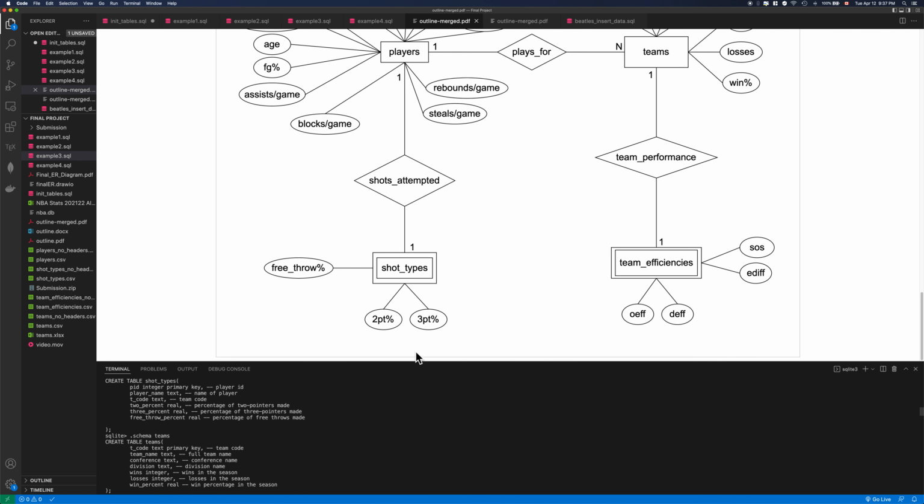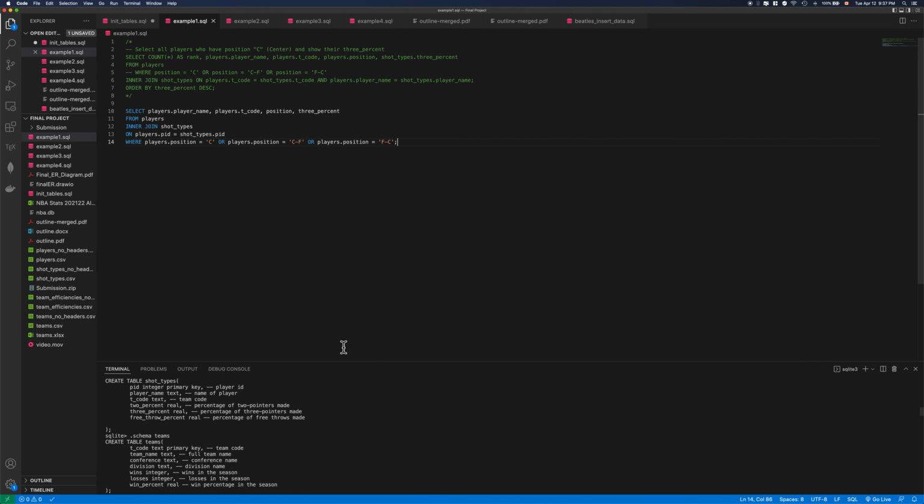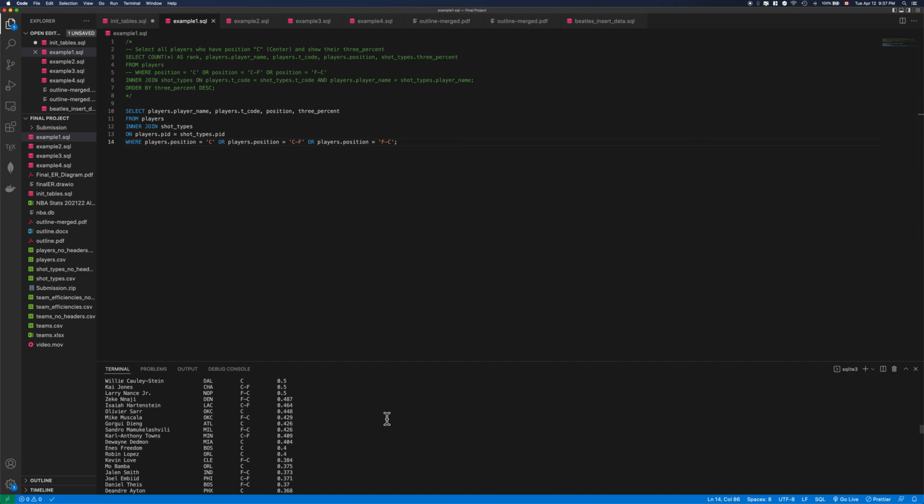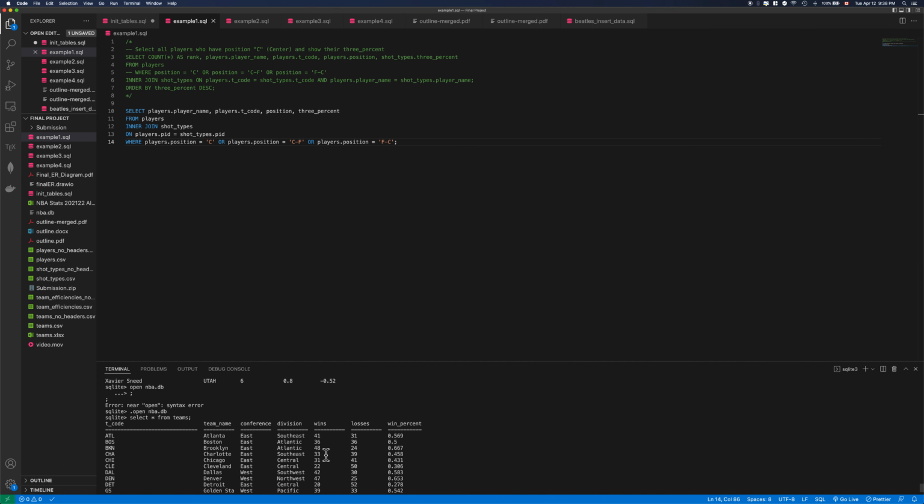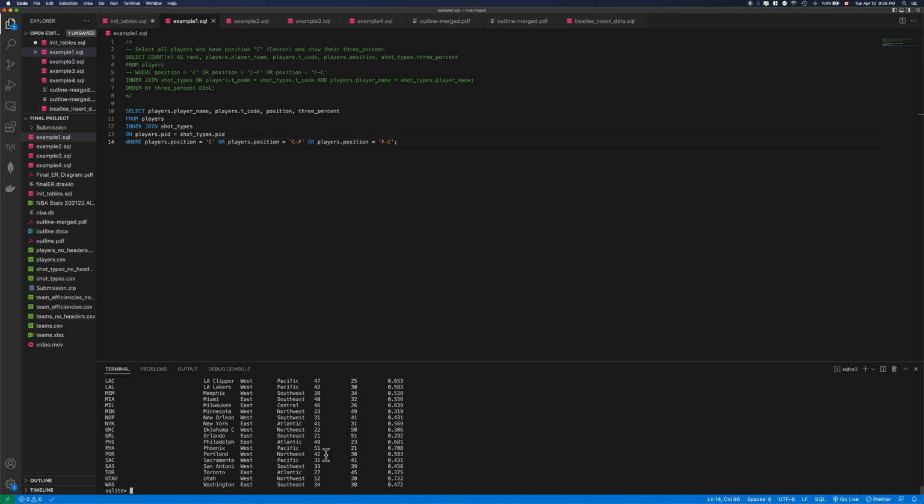So I'm just going to go over a couple of queries that I made. This query just goes over players who can play center, and it looks at their three percentage rate. I'm going to zoom in on this a little bit if it'll let me.